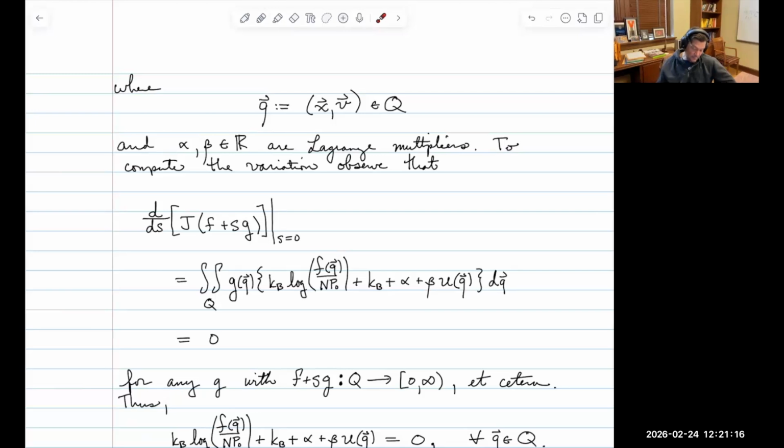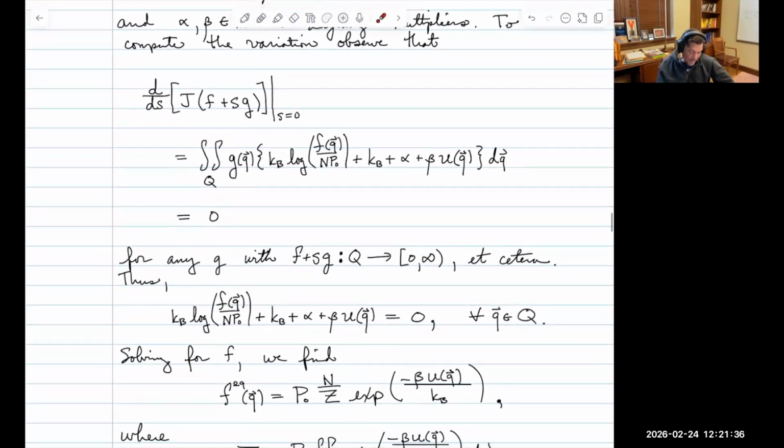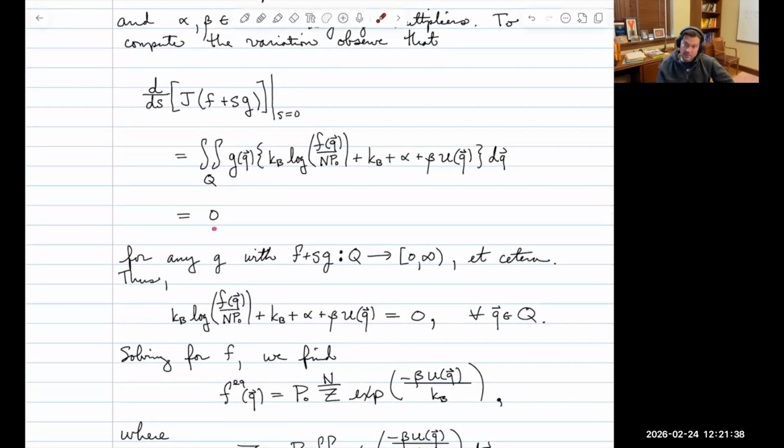And what I find when I do this calculation is I'm going to get G and then times some other stuff. So this other stuff is what I'm going to isolate, and I'm going to identify that with the variational derivative. That's the rule. That has to be the variational derivative, and this has to be equal to 0 at an extremal value of the J functional.